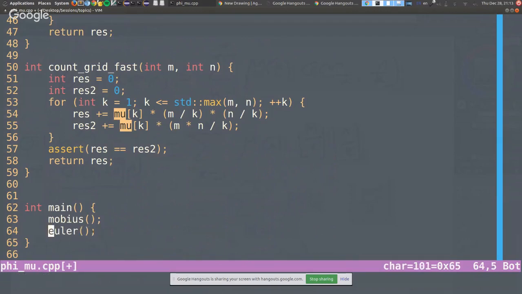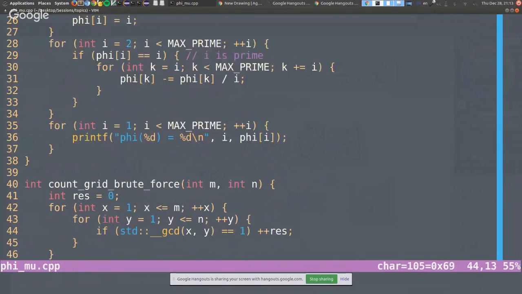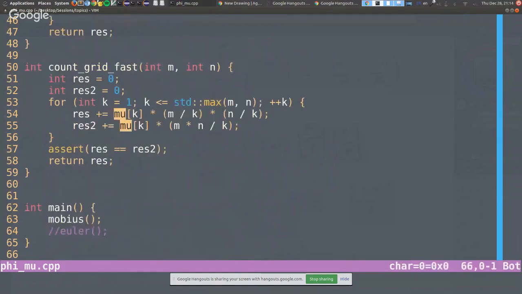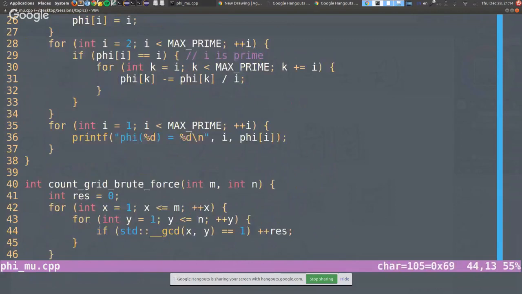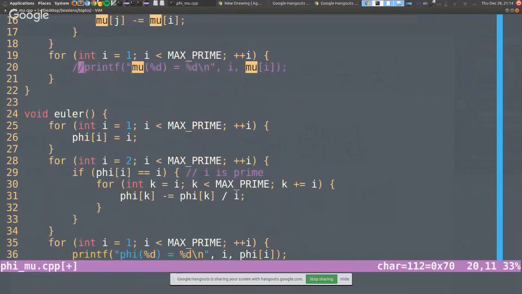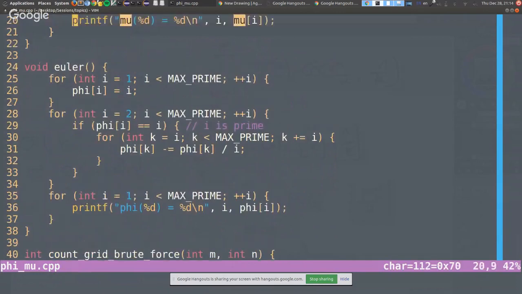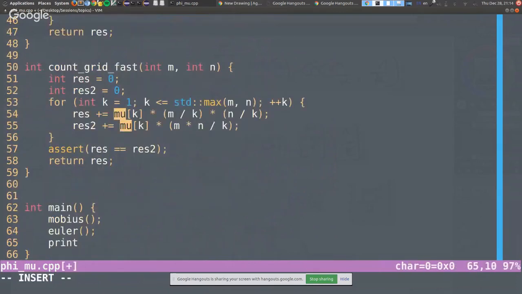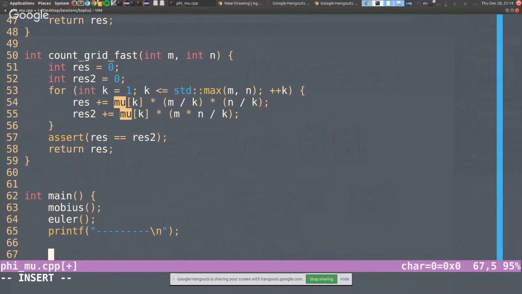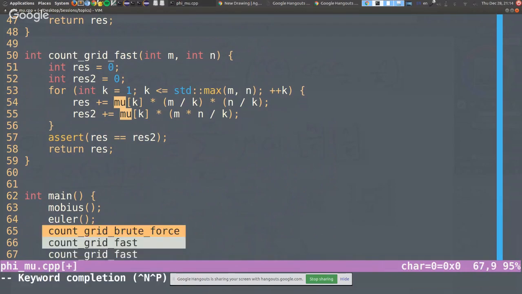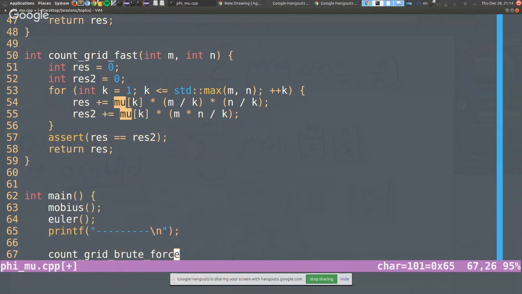Here I calculate the Mobius, but I don't need the Euler for now. Let's keep the Euler as well. I removed the different statements we had earlier. So the count with brute force, this would count the pairs.